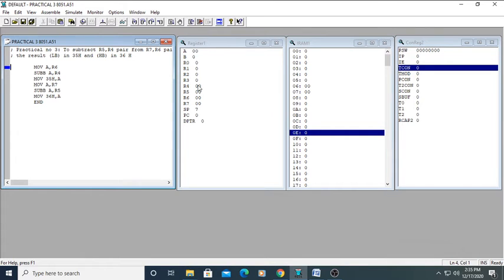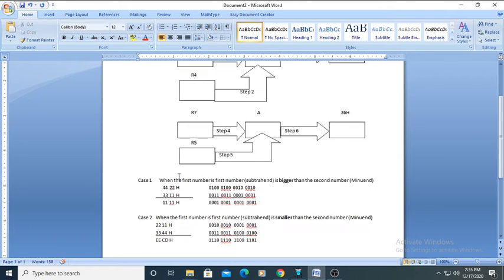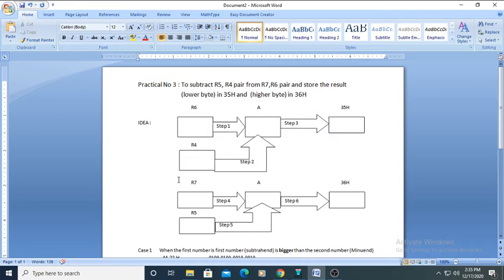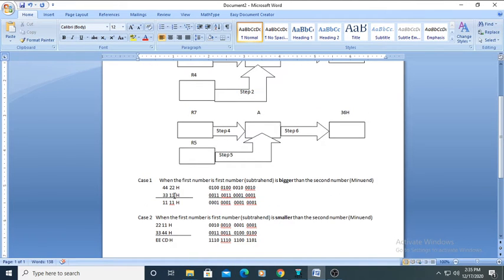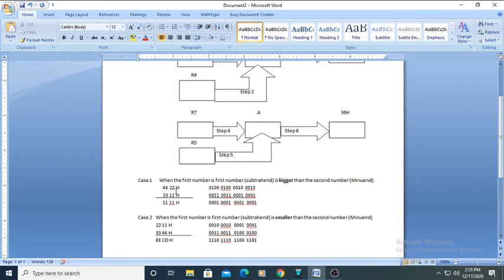What is R5? Let's see again. Let's do the first one, 22, 20, R4, R5, R4, R5, 11, 33, then 22, 44.